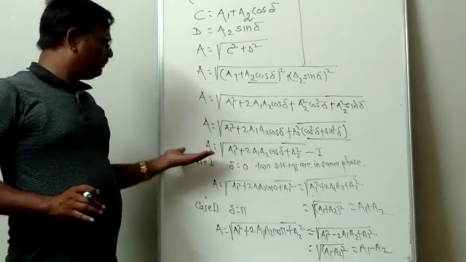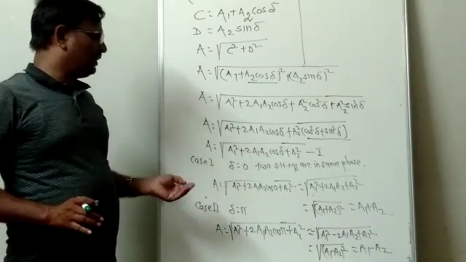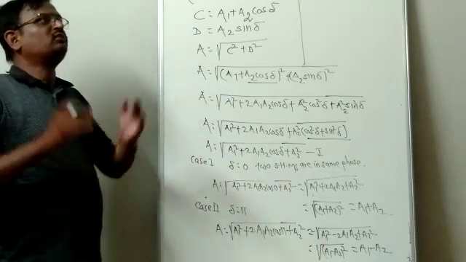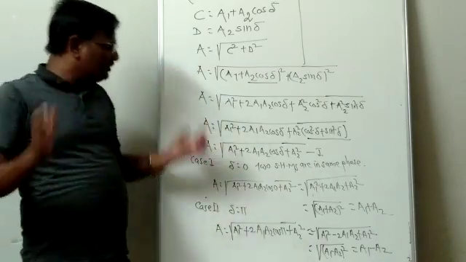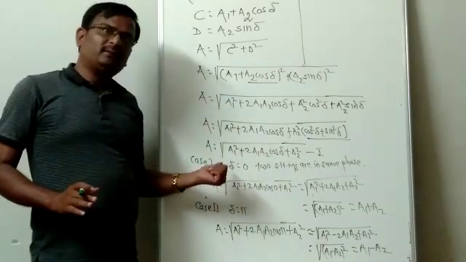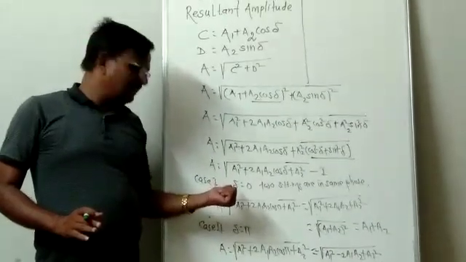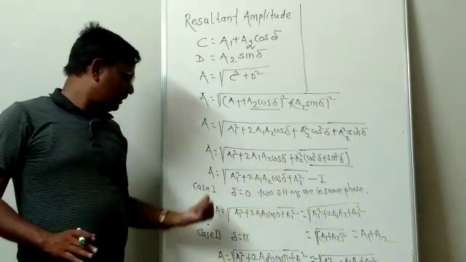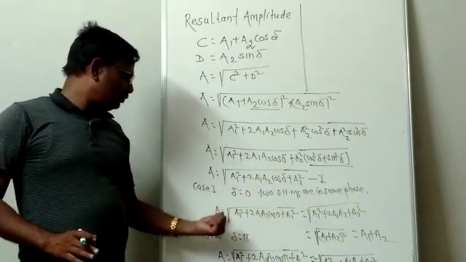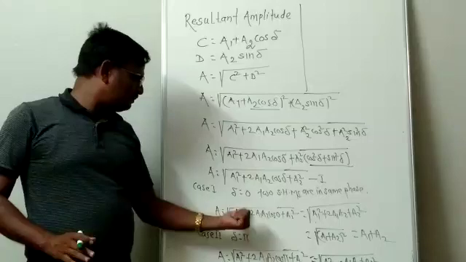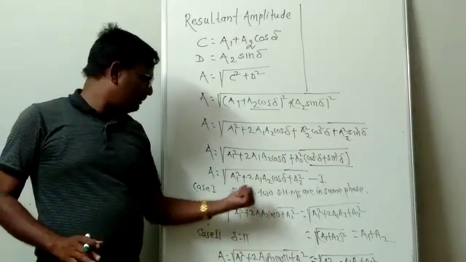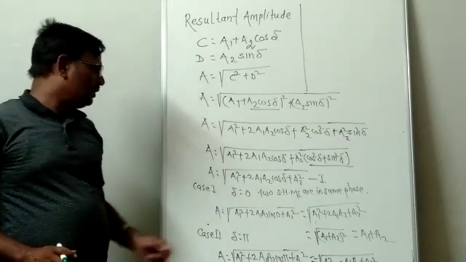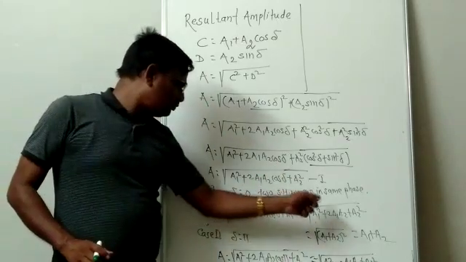Now let's test this amplitude under two conditions: if two SHMs are in the same phase, and if two SHMs are out of phase. If two SHMs are in the same phase, the phase difference is delta equal to 0. Let's put this value in equation number 1. A is equal to the square root of A1 square plus 2A1 A2 cos 0 plus A2 square.